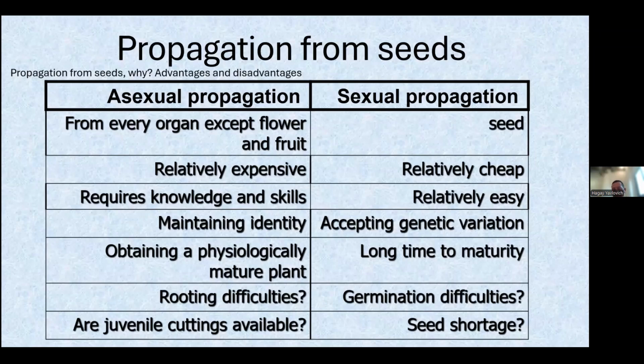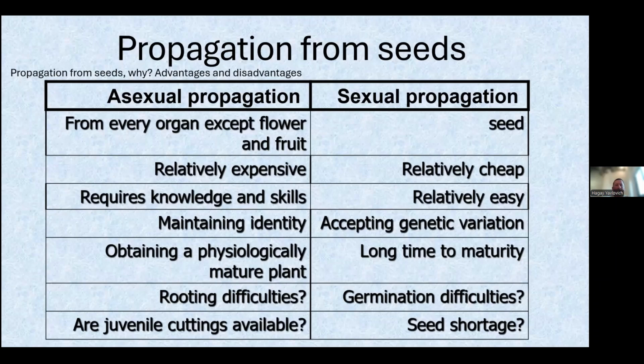But generally, for most of the trees you can make the propagation either by seeds, in sexual propagation, or in asexual propagation. There are only a few trees that, as the phrase goes, have their eggs in both baskets, that you can propagate by seeds and also by asexual propagation.